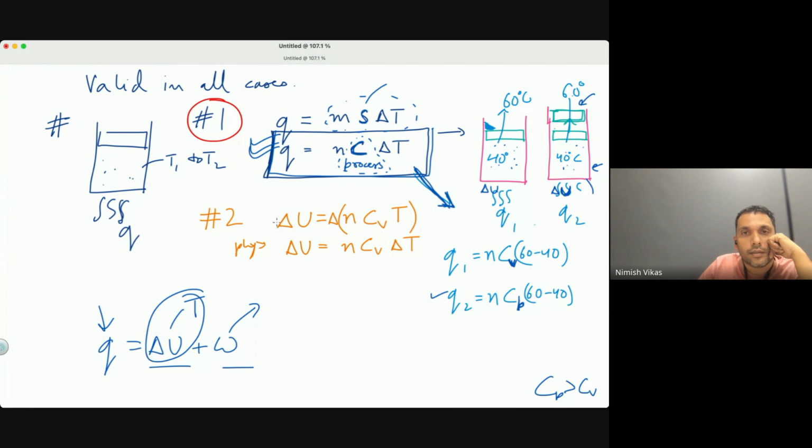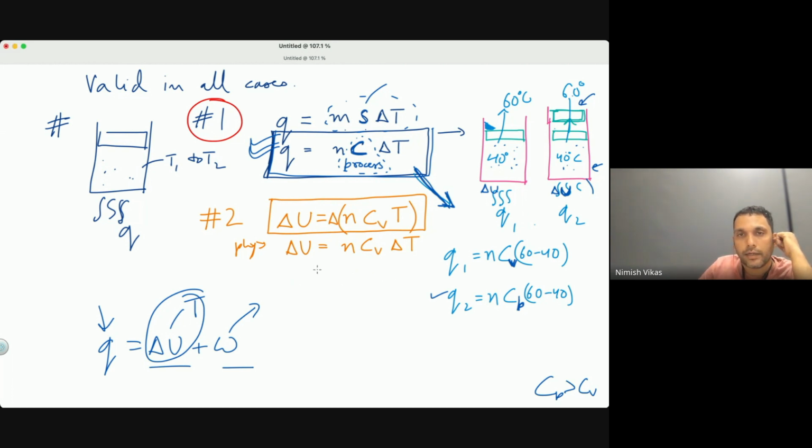Is that clear? Whether it was an isothermal process, whether it was an isobaric process, delta U is equal to some constant into delta T, and that constant happens to be Cv. So don't get confused that this formula is only valid for isobaric process. Are you understanding?